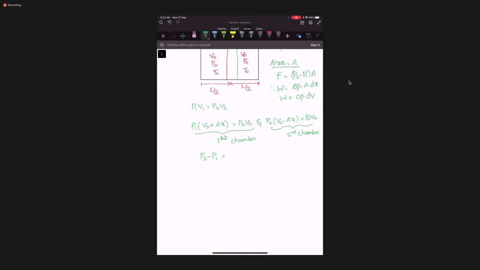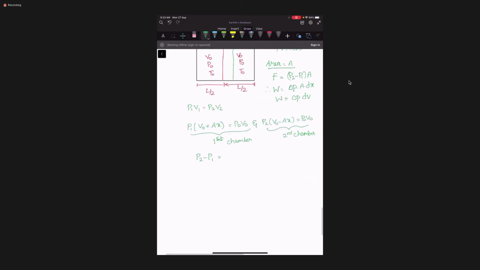Let this area into X be V, some volume. What will be this P2 minus P1?